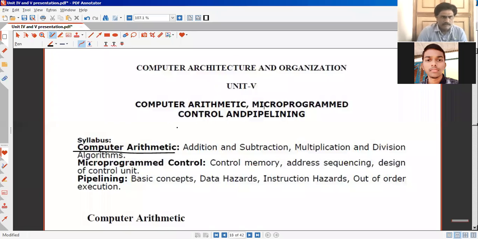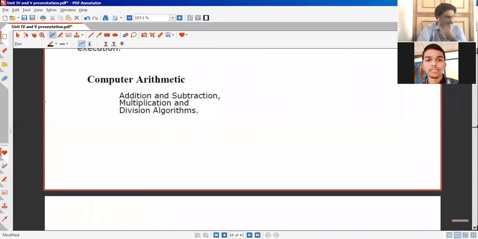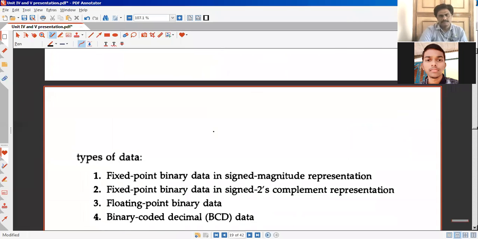Okay. So first we will discuss computer arithmetic. We will be discussing addition, subtraction, multiplication, and division.